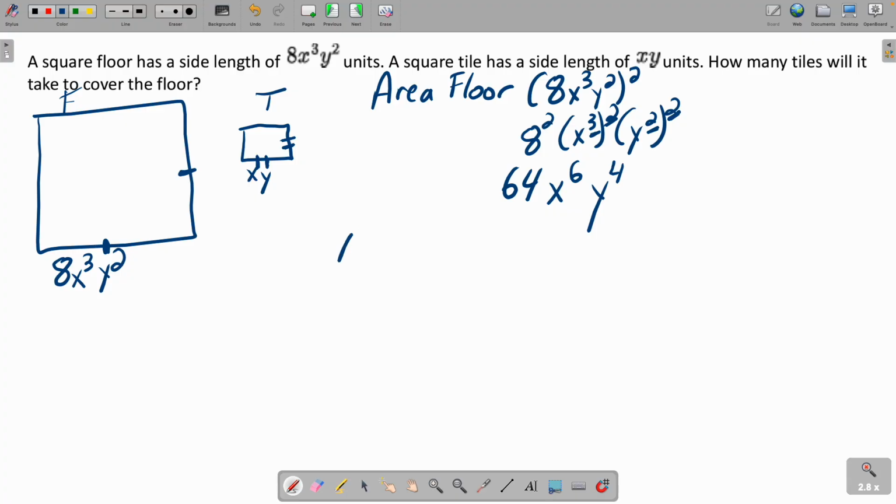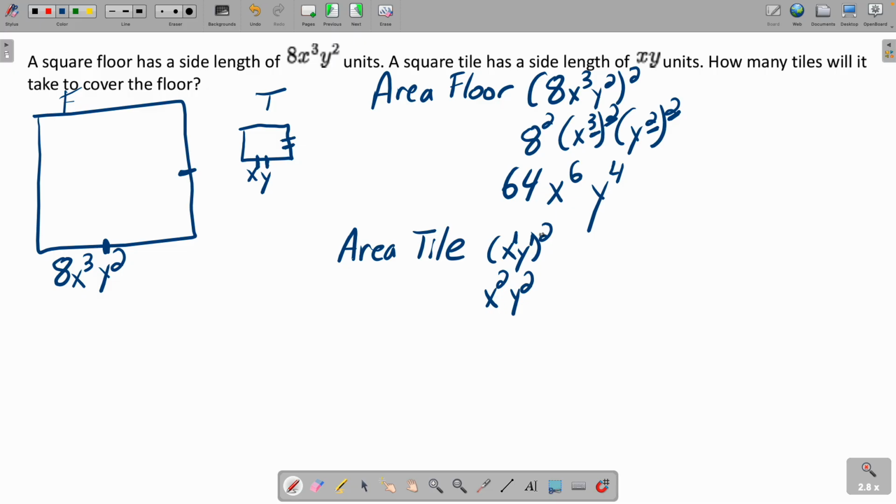Then we need to figure out the area of one tile. It's a square, so we can take our length and square it. We apply that to both things. So x squared, y squared. Remember, there's no exponent here, so it's a 1.